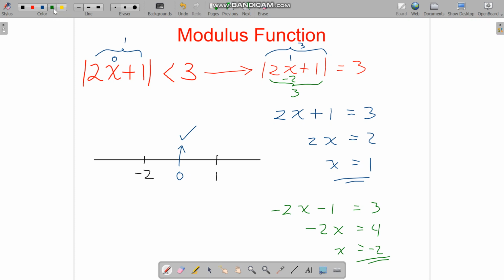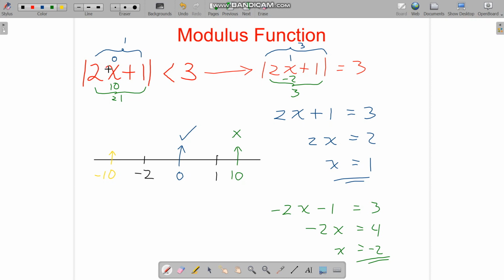And then we try using something bigger than 1, for example 10. If you replace the x with 10, 2 times 10 plus 1, 21. 21 is bigger than 3, of course not, so we do not use this interval. And for the interval on the left, we can try using, for example, minus 10.